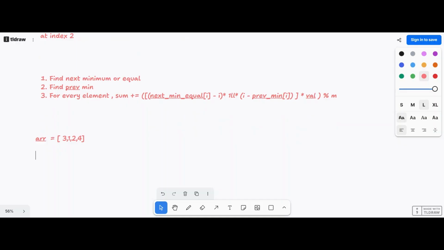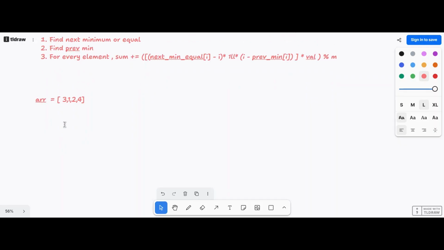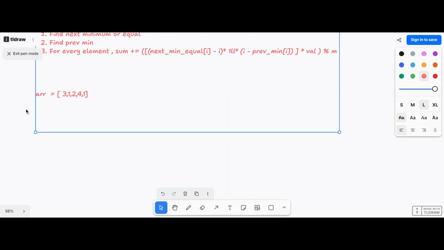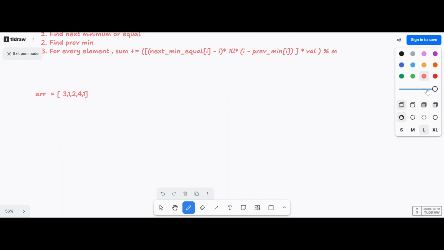Okay, fine. So now we need to find the two arrays, next minimum and next minimum equal and previous minimum. Let me take one also over here for a better understanding of next minimum equal. Fine. So now we need to find first the next minimum equal.